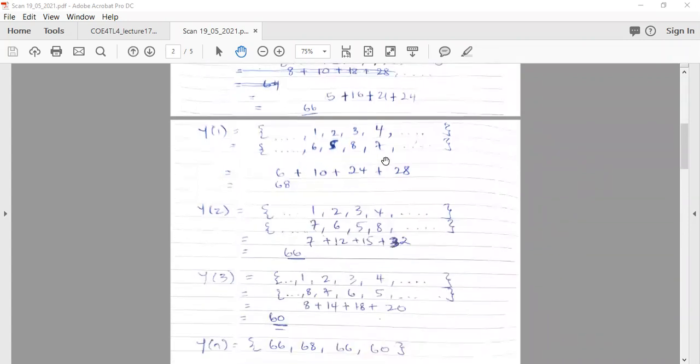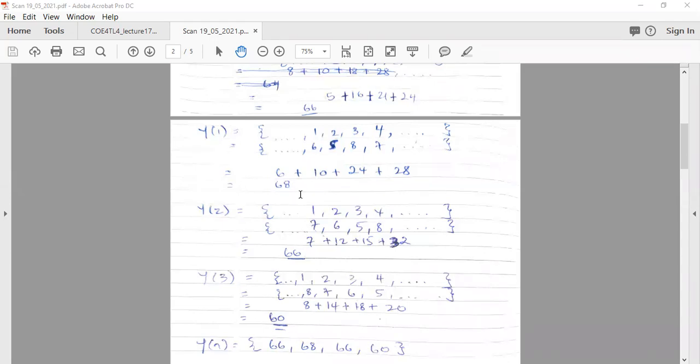So 6, 5, 8, and 7. Again, do the same procedure. 1 multiplied by 6 gives 6, 5 multiplied by 2 gives 10, 8 times 3 gives 24, 7 fours is 28. Sum it up, you're going to get 68.